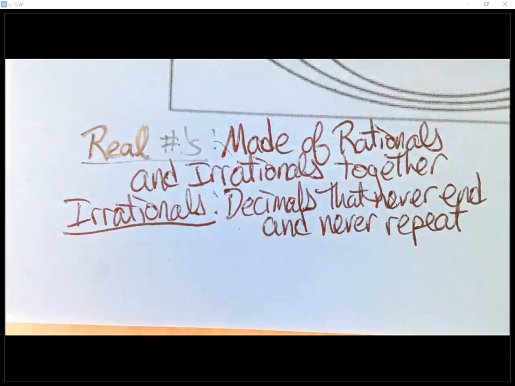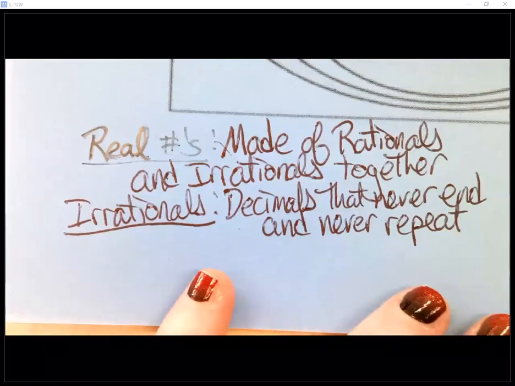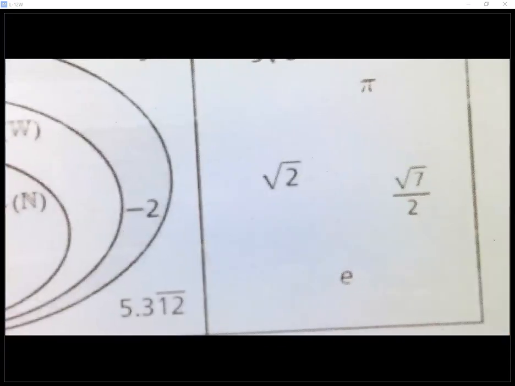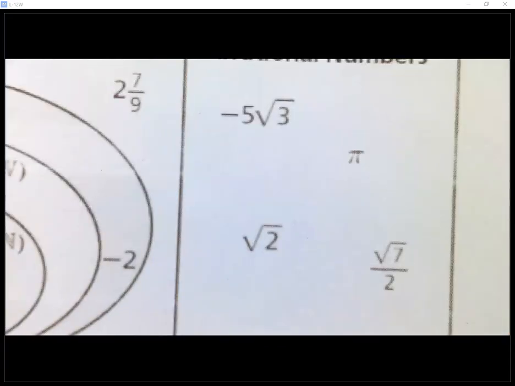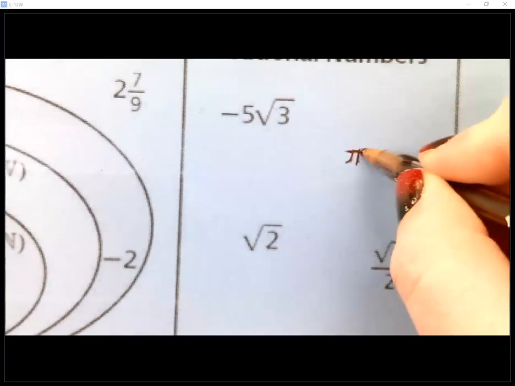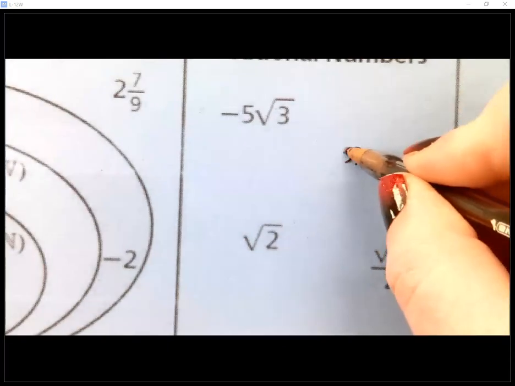Now, if you look in the diagram, we have a bunch of numbers in there that don't look like what I just said. They don't look like decimals that never end or never repeat, but they are. So here's one. You know pi, right? You're familiar with pi as a number? What does it equal?